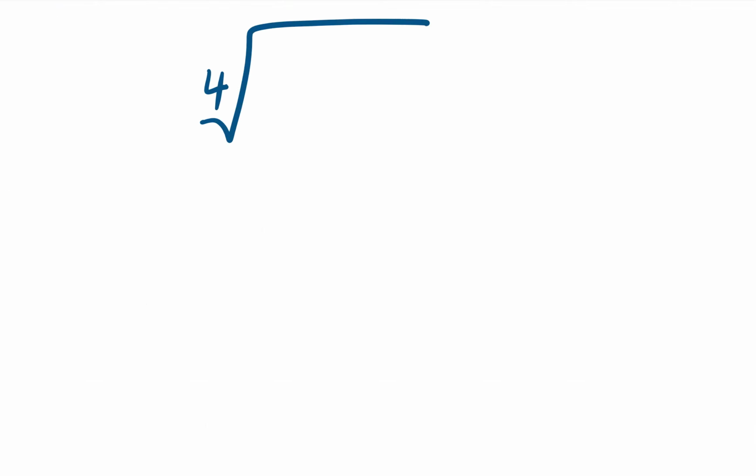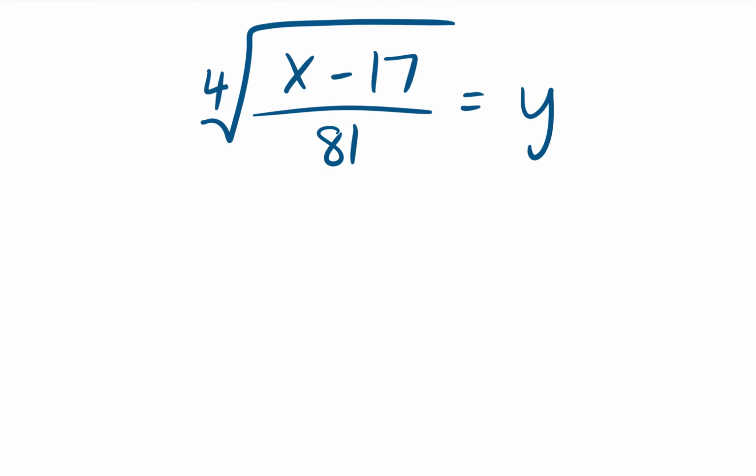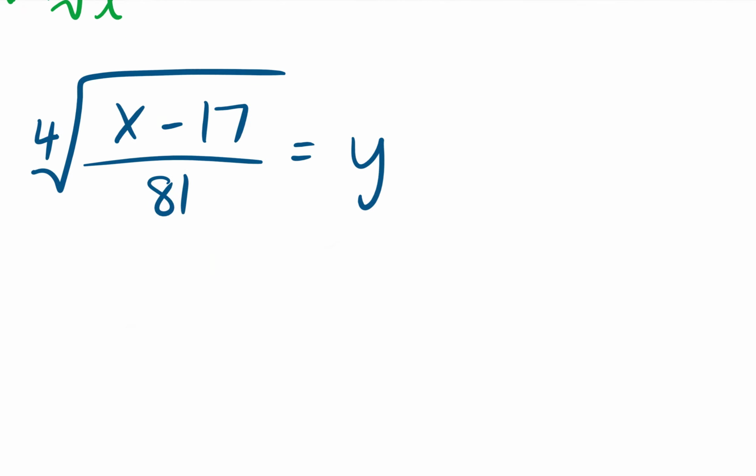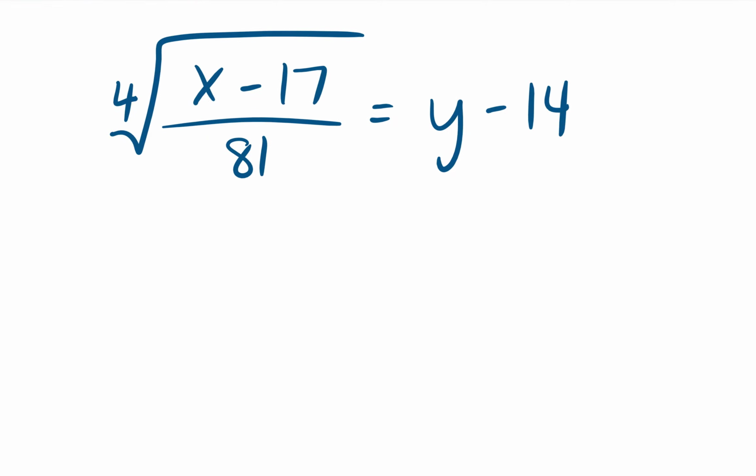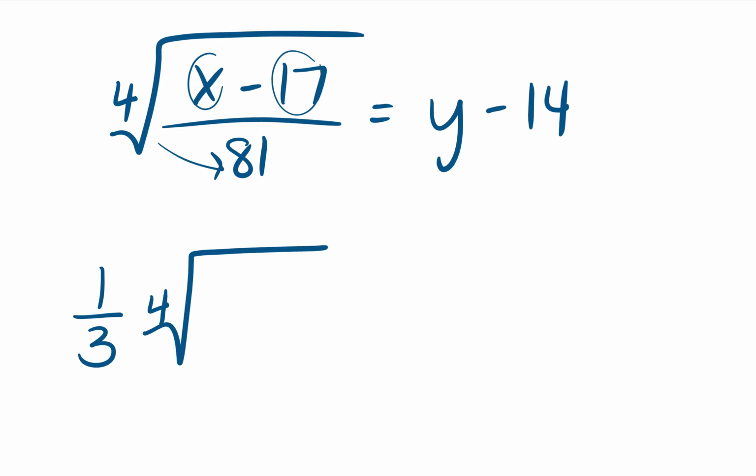So I have 4th root of x minus 17 over 81 equals y minus 14. Alright. Okay, now, I can't take the 4th root of x or 17, but I can do it of 81, right? 4th root of 81 is 3, so I'm just going to take it out front.